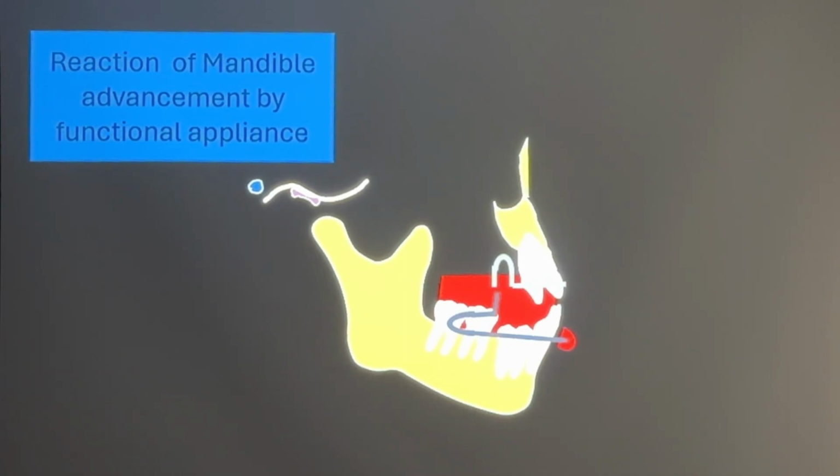And then please check the distance from the ripple to the labial surface of the lower teeth. If the ripple is too close to the lower teeth, at that time activate the ripple position a little more forward.